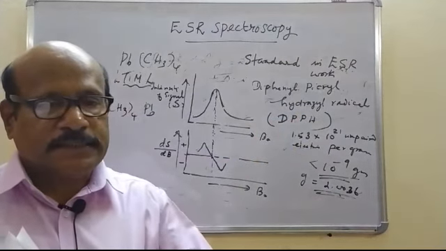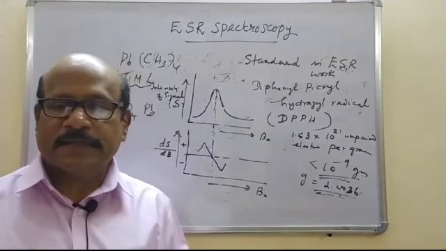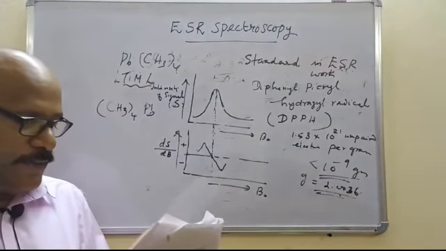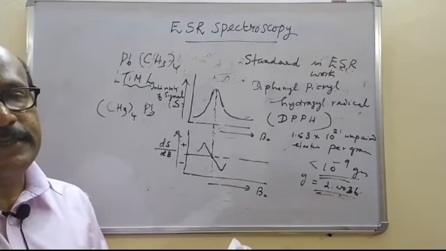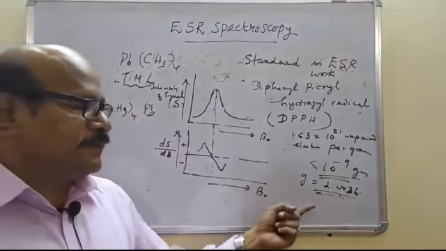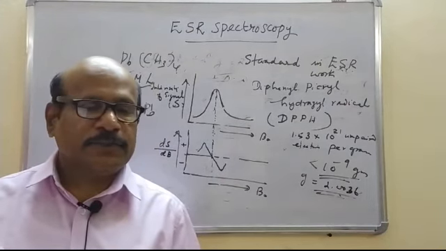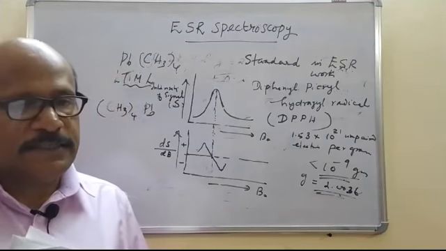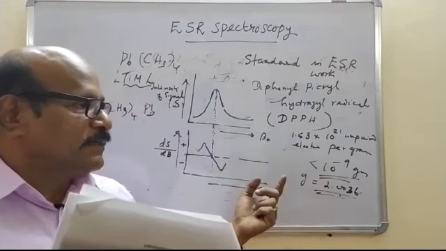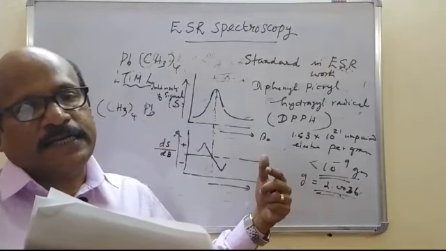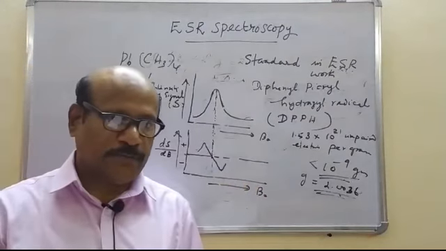Instead, the signals of DPPH and sample are taken separately, using two separate scans. A single scan is not used for producing the signal. The scanning is carried out separately, independently, to avoid overlapping. I hope that you have followed.